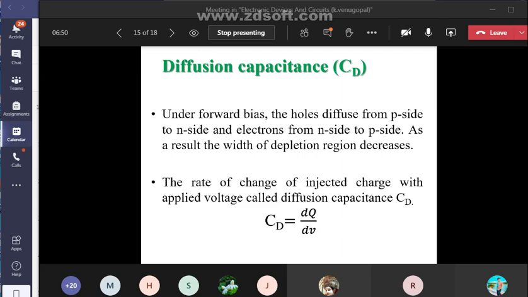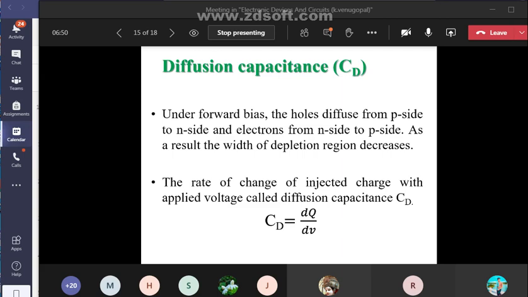As a result, the width of the depletion region decreases, whereas in the reverse biased condition, the width of the depletion region increases.